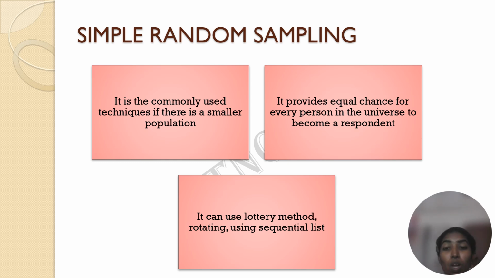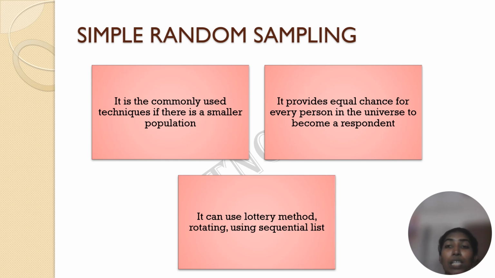It can use the lottery method, rotating, using a sequential list. A lottery method in the sense it is just the lottery way. You can write a chit. If your population size is 30, you can just write the names of the persons and you can pick, or someone can be asked to pick, and those 10 samples can be used to collect data.